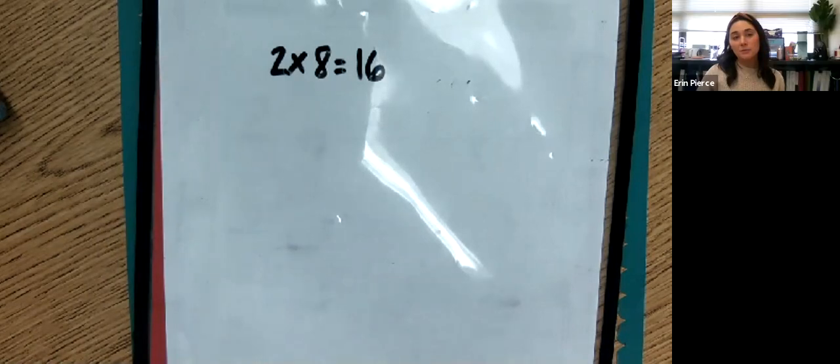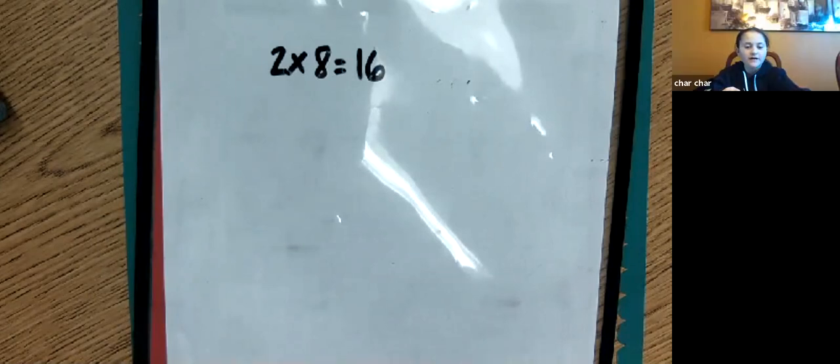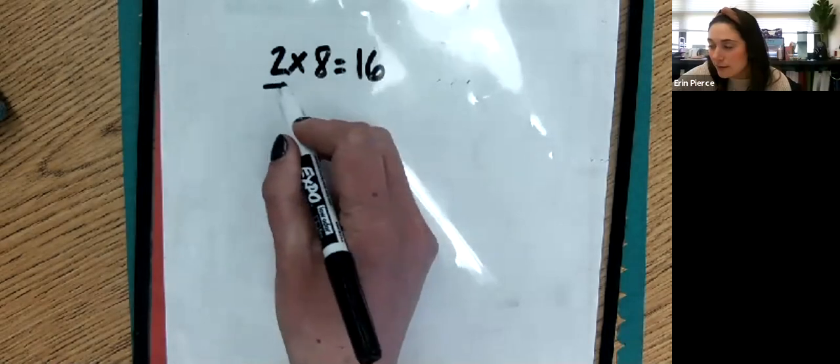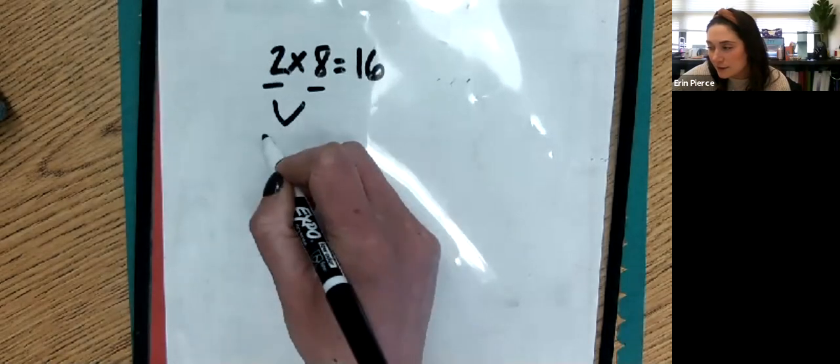It's okay. What are the factors in my number sentence? Eliza? 2 and 8. 2 and 8 are my factors.